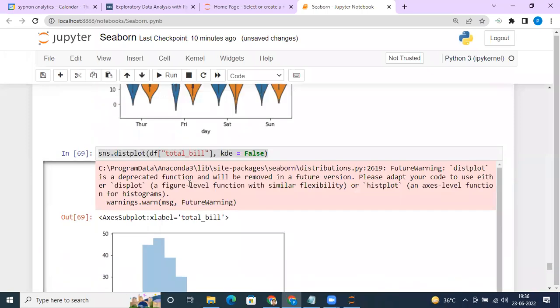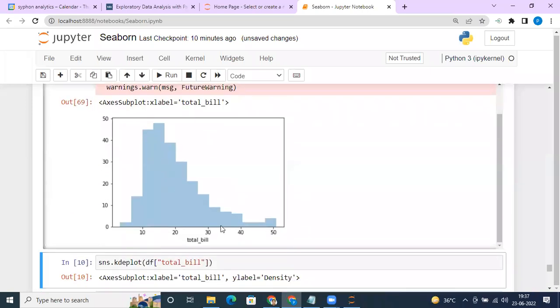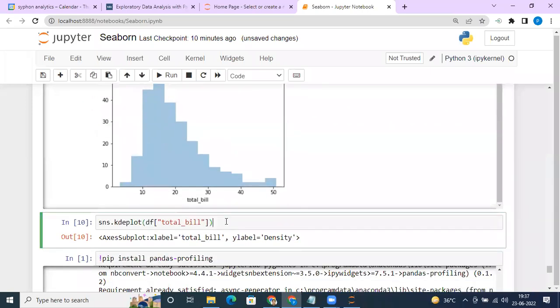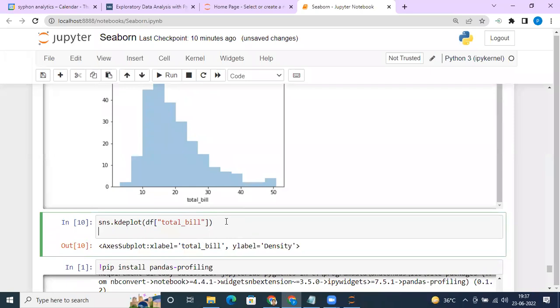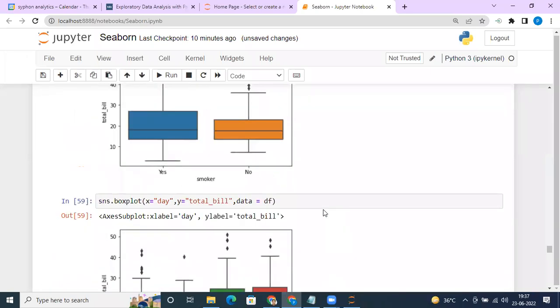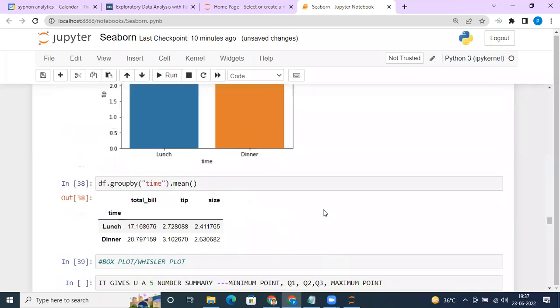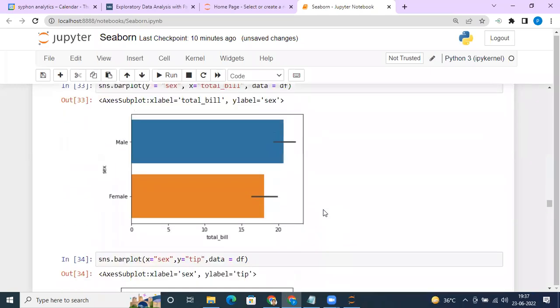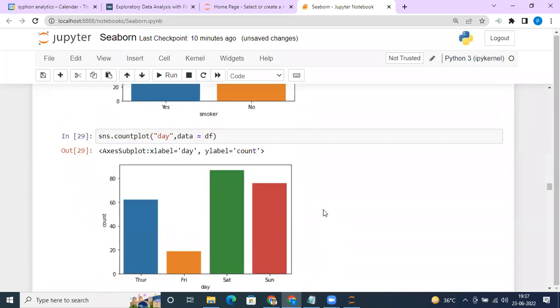Not taking what happened. Why is it not taking? It's not recognizing, or what happened here? Where is my data frame? Come on.